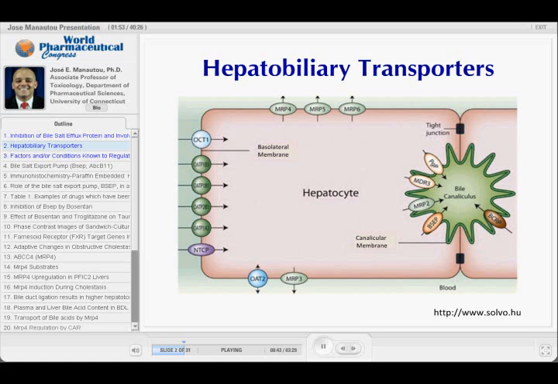We're going to talk about NTCP, which stands for sodium taurocholate cotransporting polypeptide. This is the main protein involved in the uptake of bile acids inside of hepatocytes.